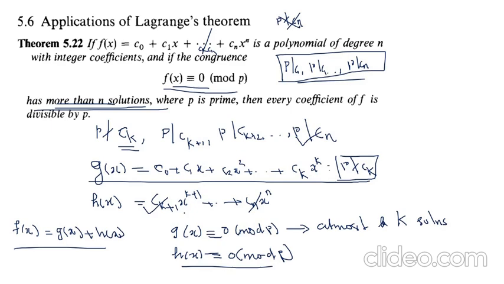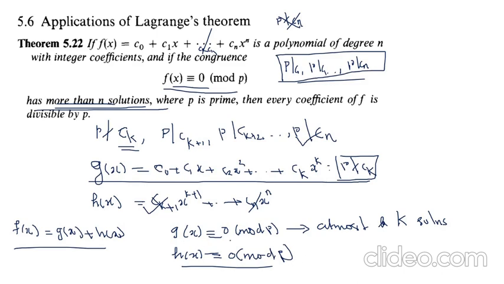If you take any number here, h of 1, h of 2, h of 3, if you put any number here, p divides that polynomial, because p divides each of the coefficients ck plus 1, ck plus 2, etc., cn. Therefore, we can say that every integer satisfies h of x congruent to 0 mod p.